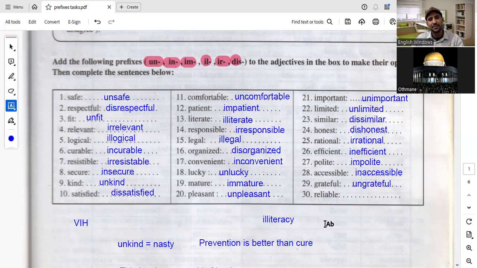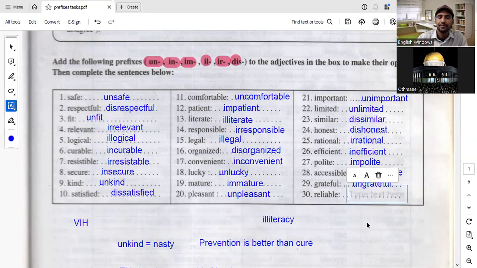Elaborate more. When someone does something good or special, when someone does a favor for you, you say, okay, thank you very much, I'm so grateful to you. Someone helped you or whatever, so we say, I am so grateful to you. Ungrateful, that's the opposite, right?